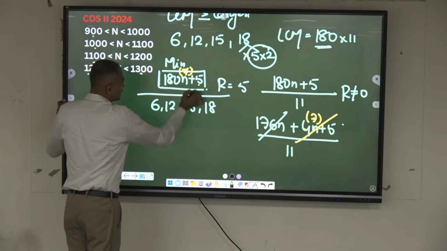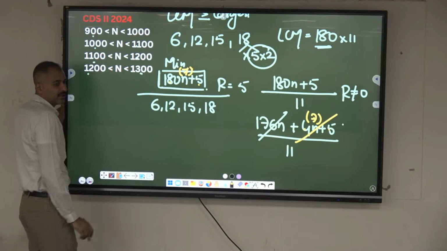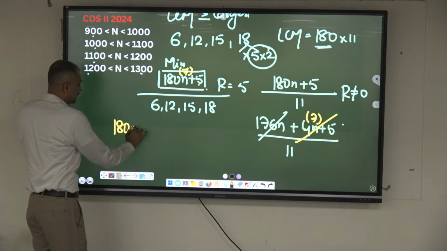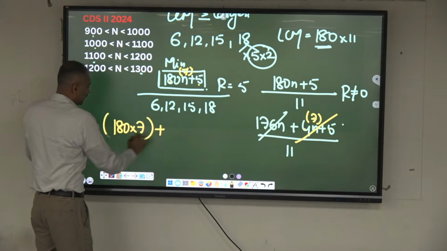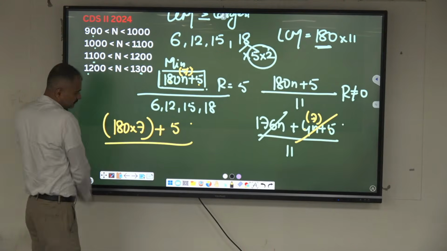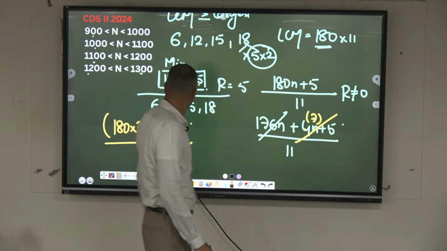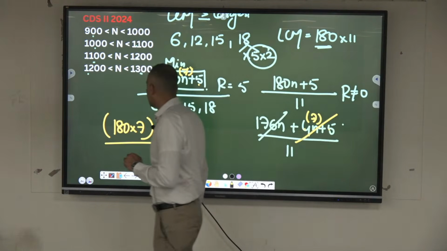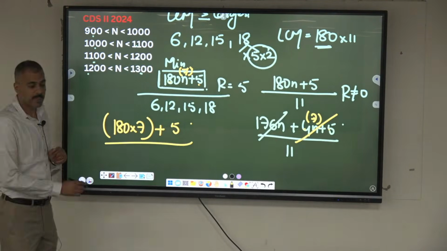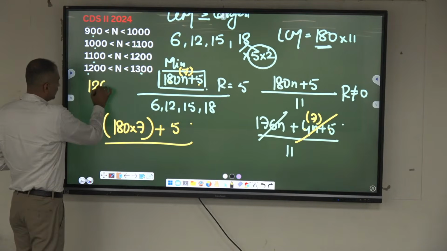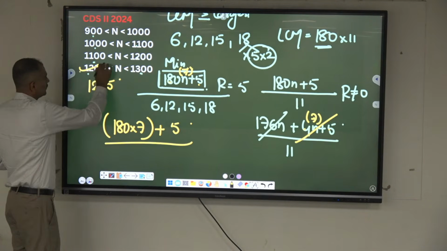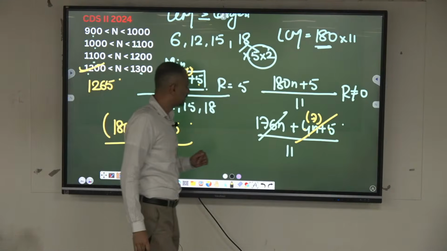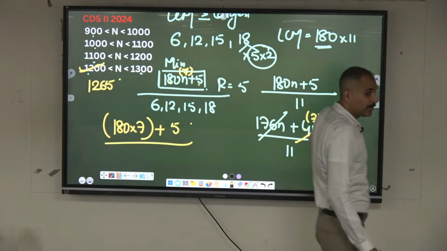So what is that number? 180 into 7 plus 5. This is that number, which lies between 1000 to 1265. Which is lying between 1 to 6. So remember this one.